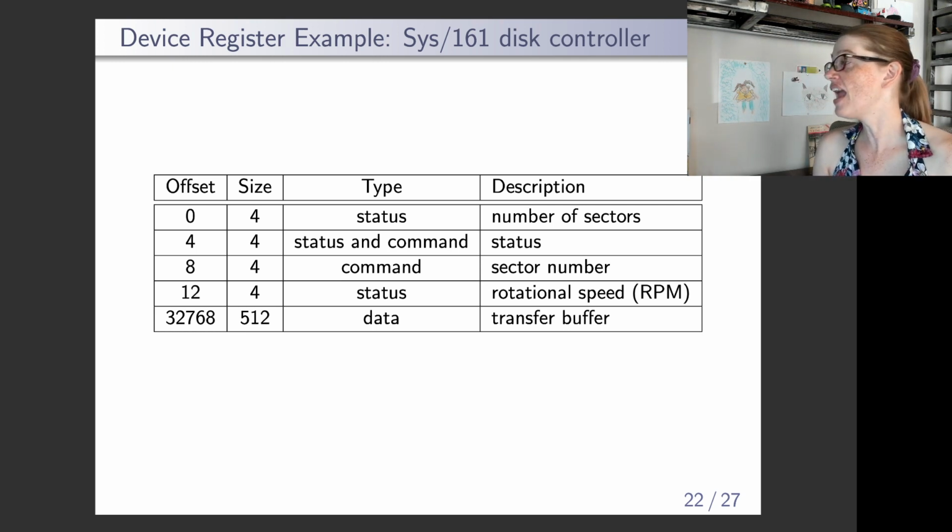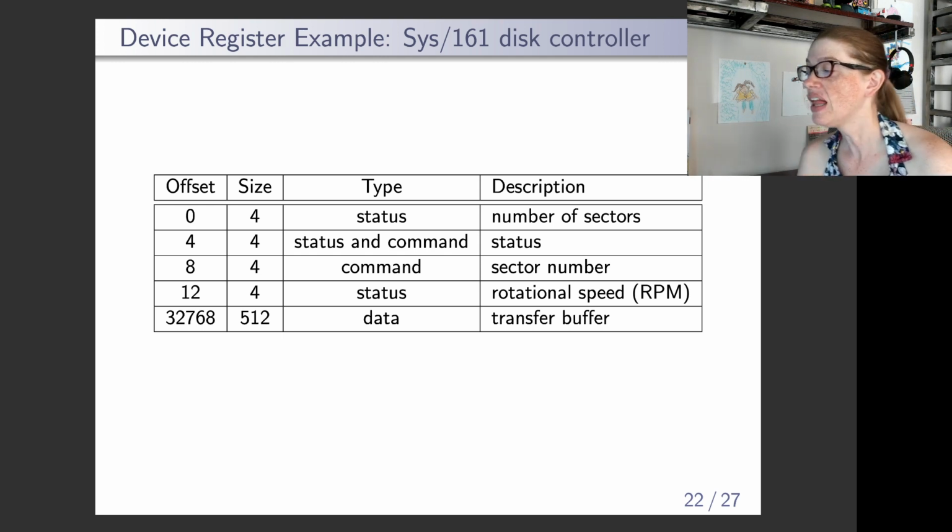Then we have a command register, and the command register is responsible for when you write a sector number to it, that will actually cause the disk to either read or write depending on what you have done.